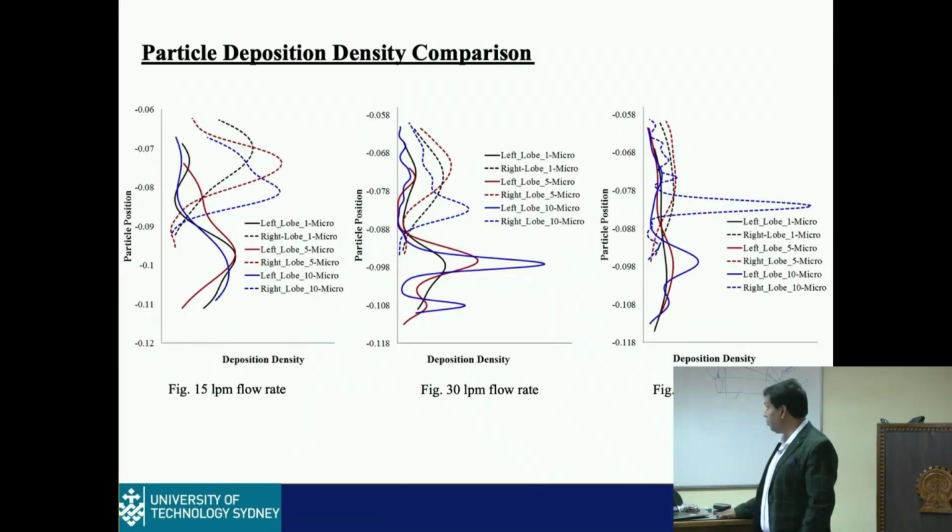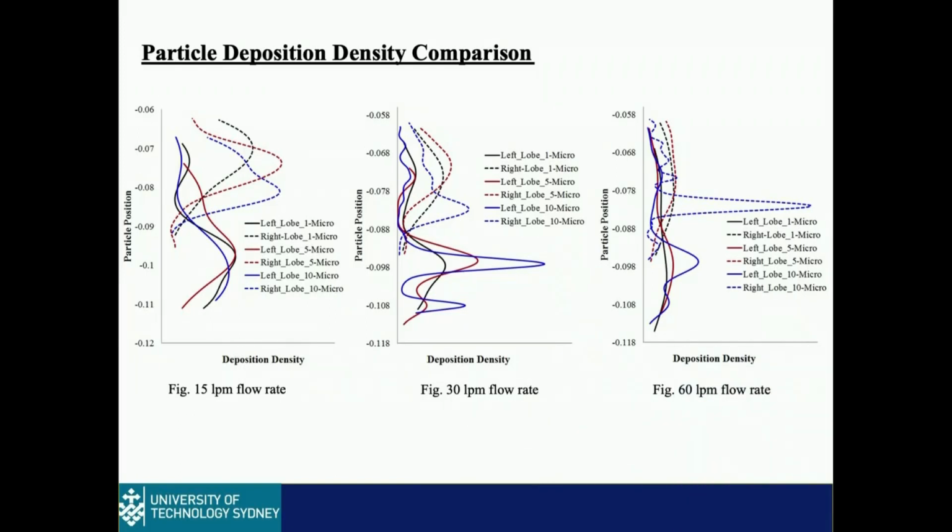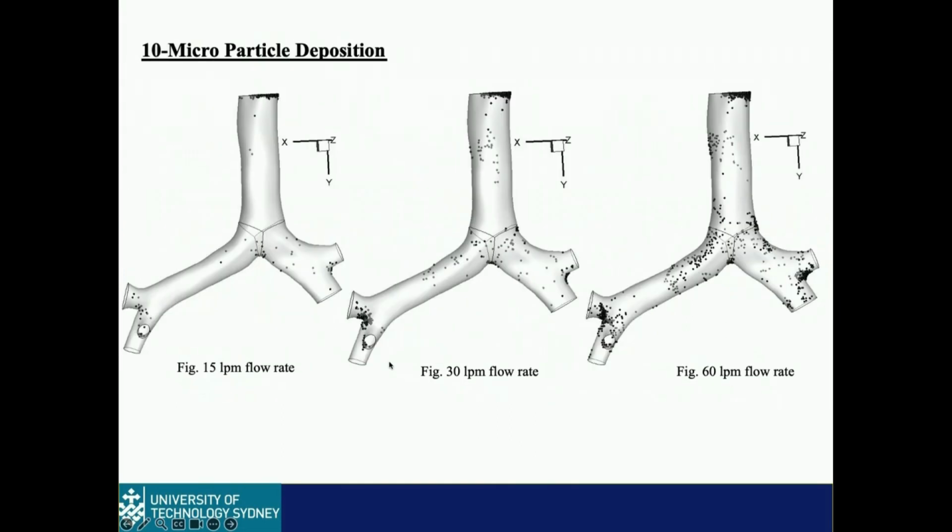Now, here we see some quantitative results. We drew a line along the y axis, and you can see where most particles are deposited for the three different cases. I should show this one together, then you can see. That one is from here to there.